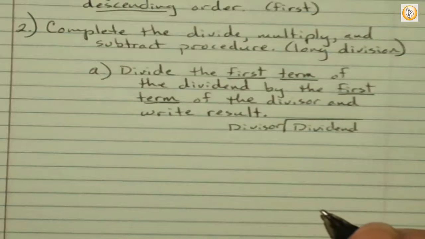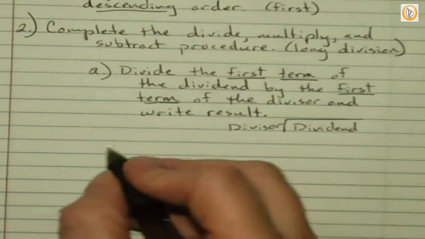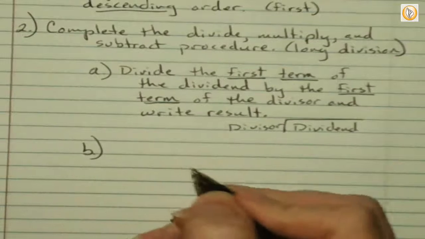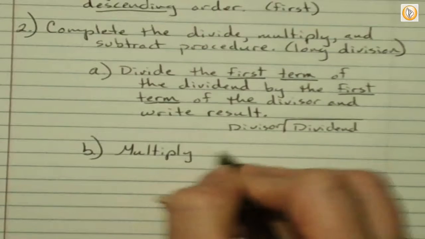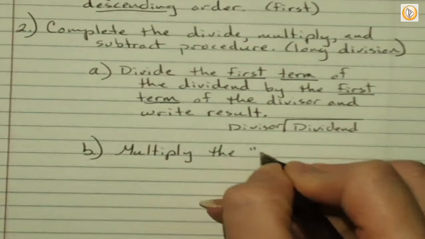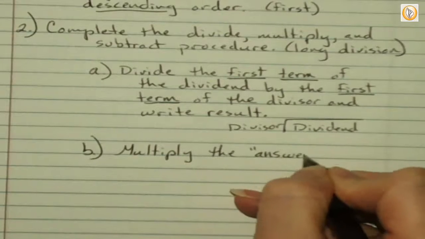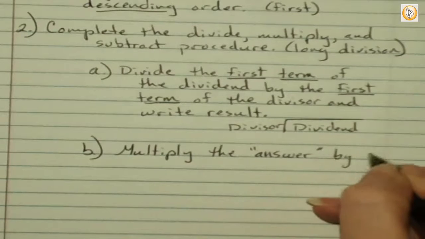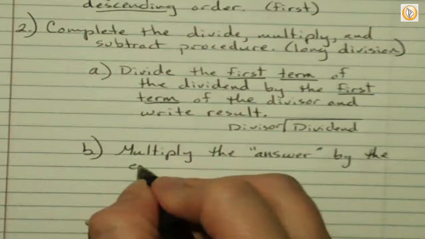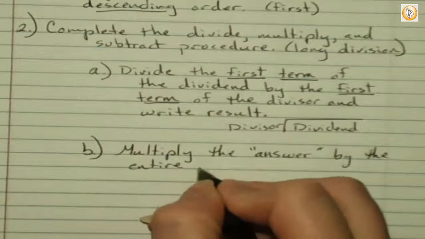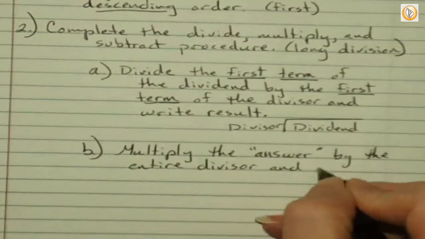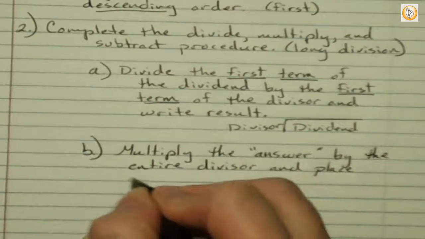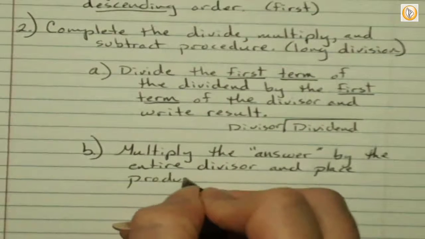Make sure everyone's got it. All right. B. Multiply the answer by the entire divisor and place product below.